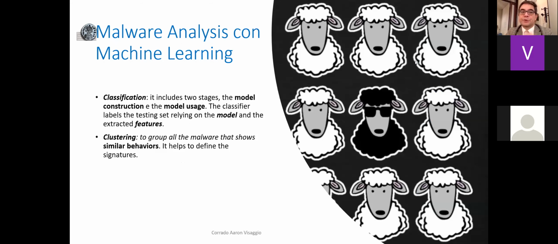Why do we use machine learning in malware analysis? Because basically, when we do malware analysis, we have two problems to face. The first problem is classification: we need to understand whether a software is malicious or not. The second point is to identify the variants of malware.